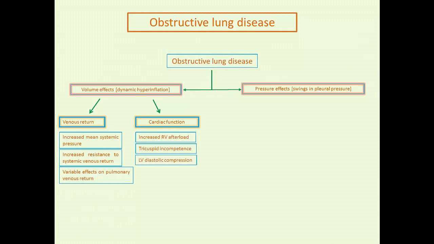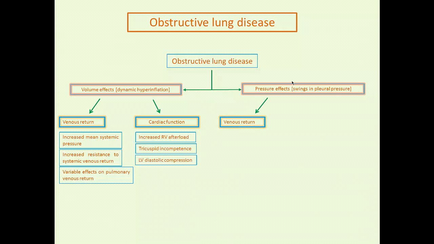There can be LV diastolic compression resulting in a kind of LV diastolic incompetence. But again, in animal models at least, this diastolic effect doesn't really occur unless you have fairly large lung volumes or hyperinflation, and typically that's modeled in terms of the lung volume equivalent of a PEEP of about 15 centimeters of water or so.